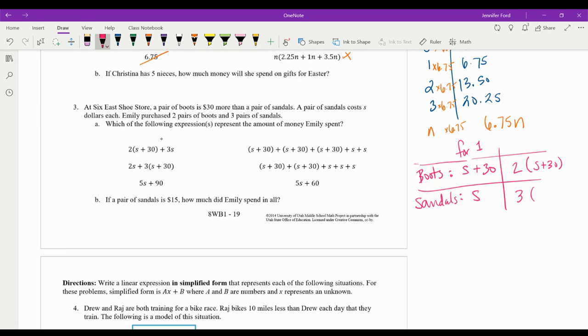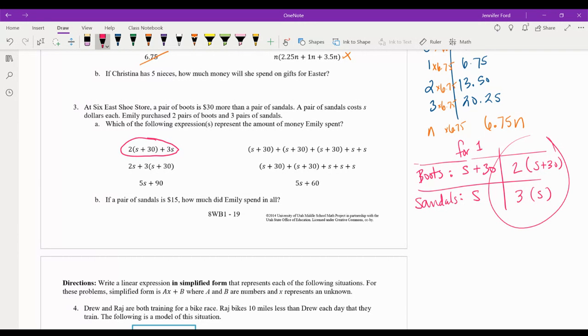So 3 sandals. Okay. So right here, and she buys all of this together. So right here we can see 2 times parentheses S plus 30 plus 3S. This right here is exactly the expression that I wrote.